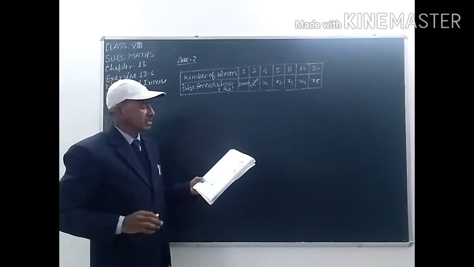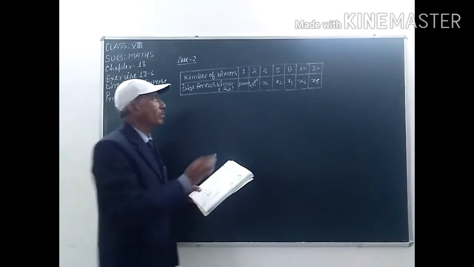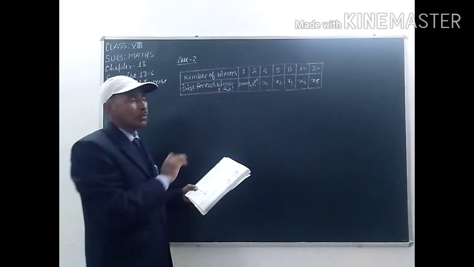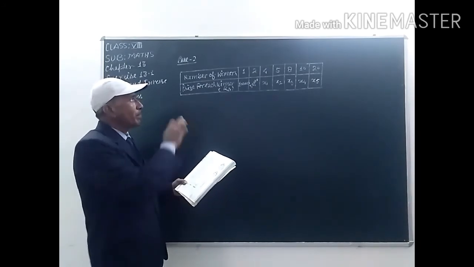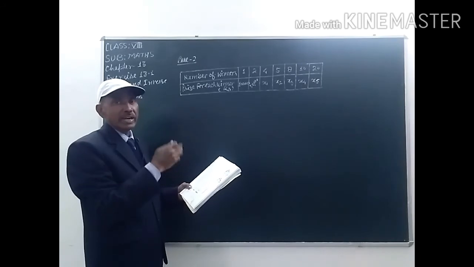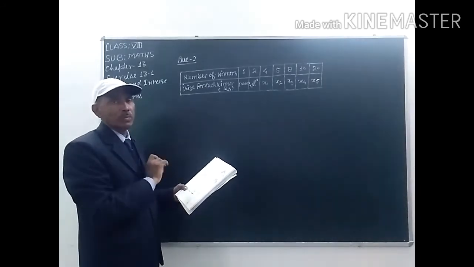So in this question, we have to find the unknown values and find whether the prize given to the individual is directly or inversely proportional.